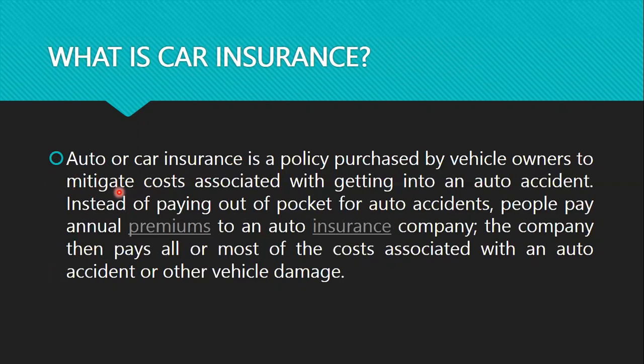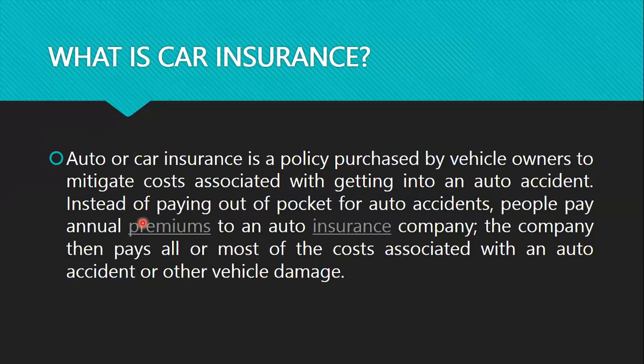In this case, instead of paying out of pocket for auto accidents, people pay annual premiums. We already saw what a premium is, right? That is the amount of money that you pay monthly. When we're talking about car insurance, people pay annually in some cases, or there are other plans that will allow you to pay monthly. But depending on how much you pay, that's the type of insurance that you have.